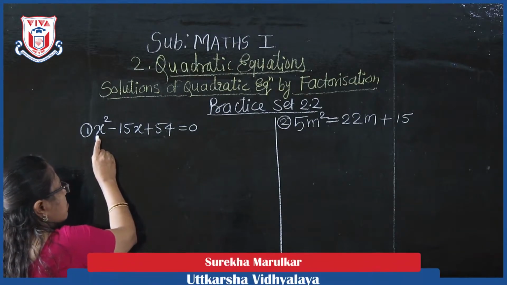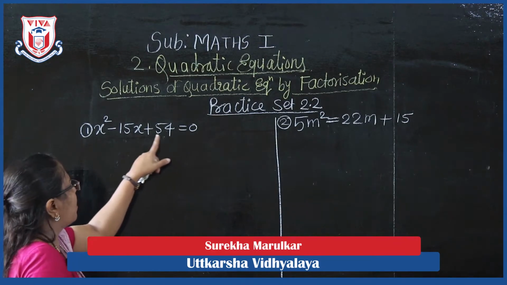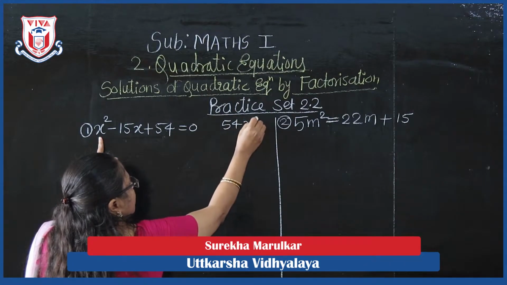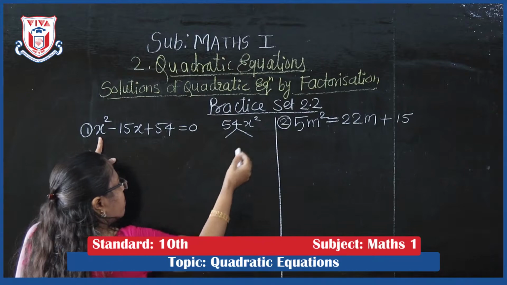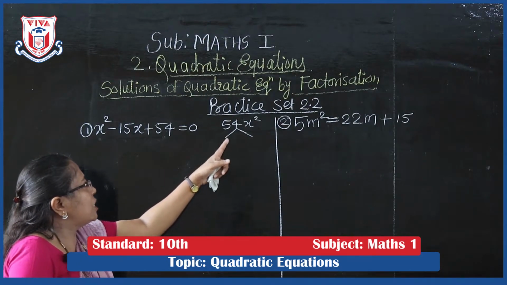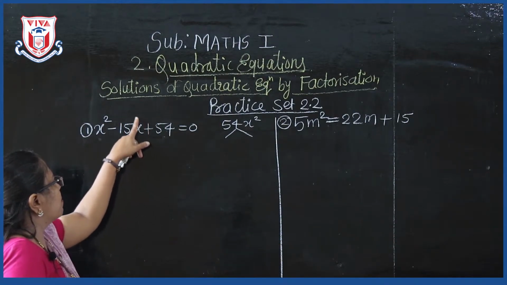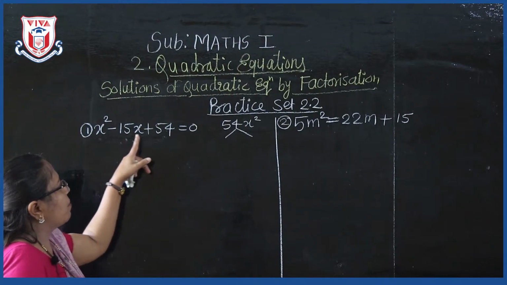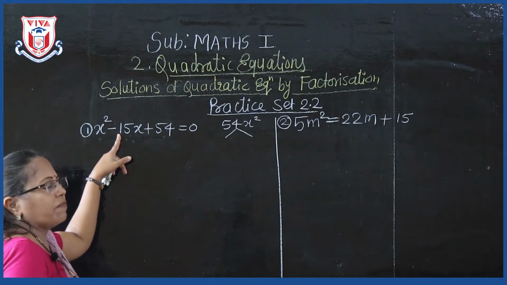First term is x square, third term is 54. So the multiplication is 54x square. And then we have to find the factors of 54 such that the addition of those factors is the middle term. That means we require product 54 and addition 15.